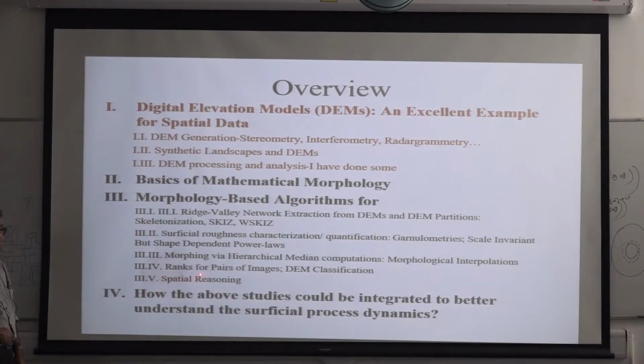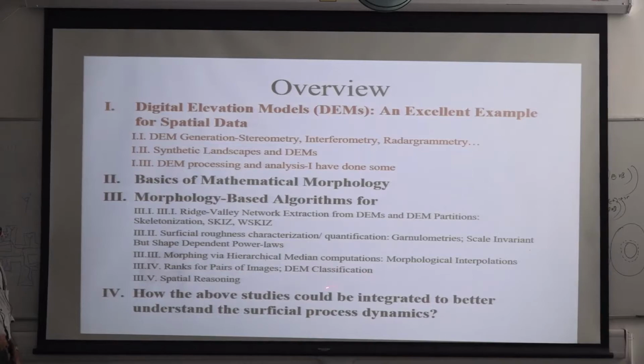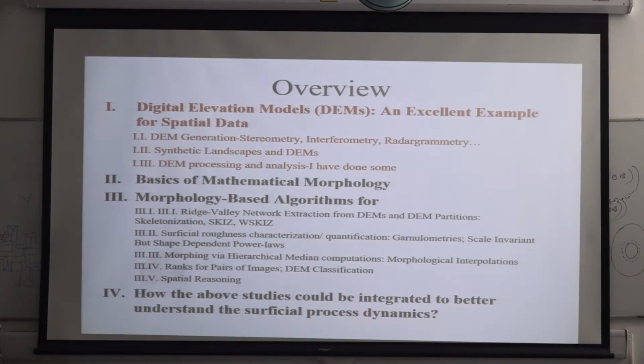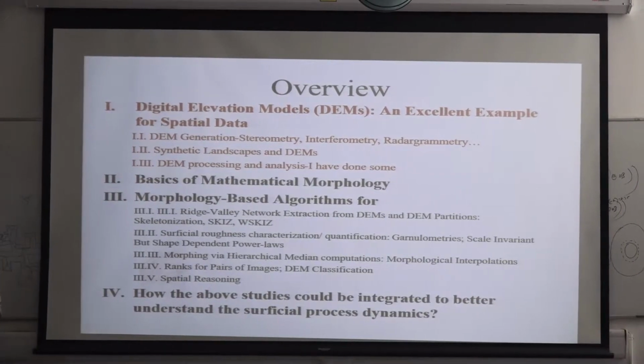And these two I have not covered: ranks for pairs of images in DEM classification. If in a database you have a large number of DEMs and you have to pair them, we have given one ranking equation that is mostly computed by the distance between every image and every other image. If there are 100 images in one database, you will get a 100 by 100 matrix.